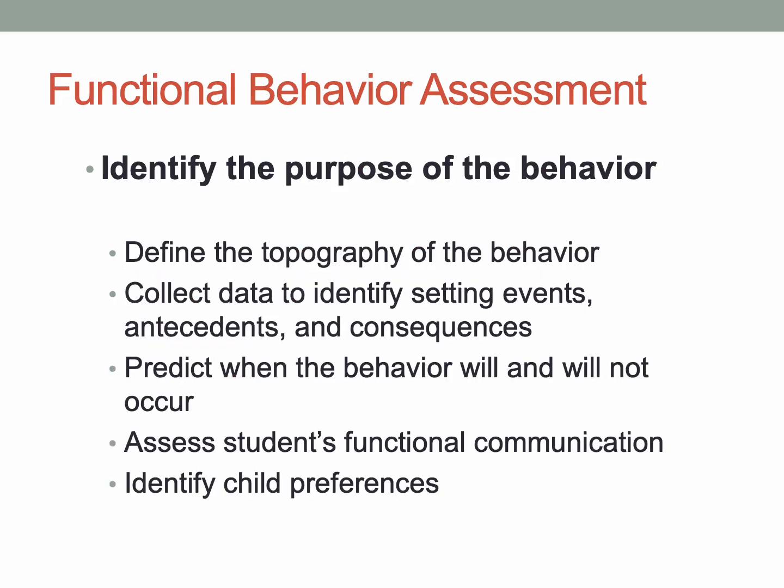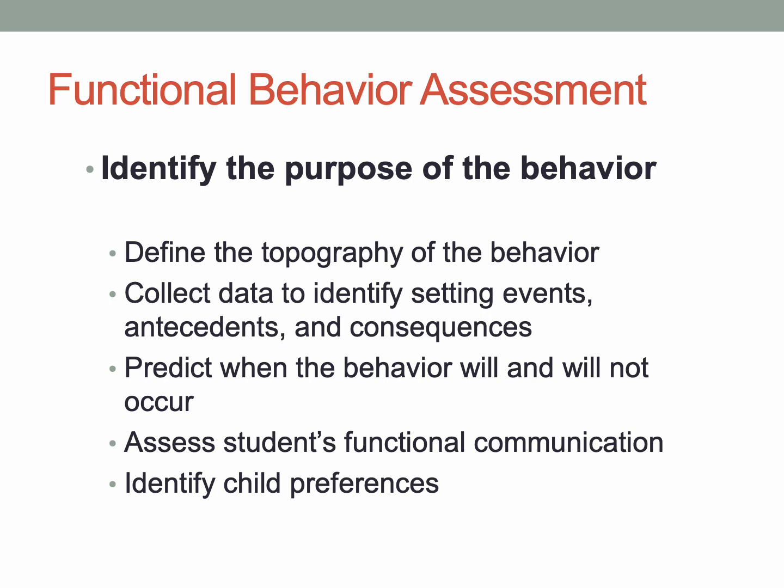The main purpose of doing FBA is to identify the purpose of behaviors, and it will help us to design appropriate intervention for the individual. By doing FBA, you can define the topography of the behavior, meaning the form of the behavior, how the behavior looks like. You can also collect data to identify setting events, antecedents, and consequences of the behavior.